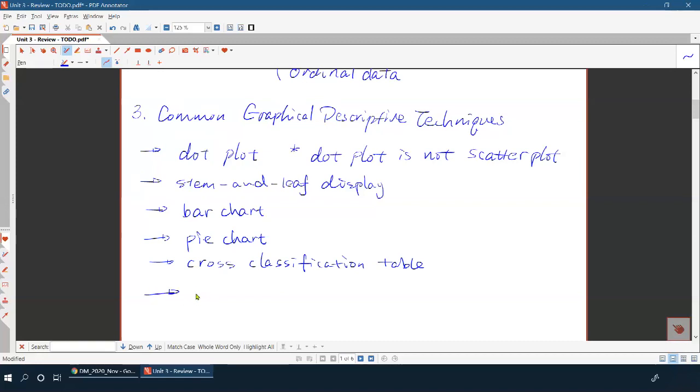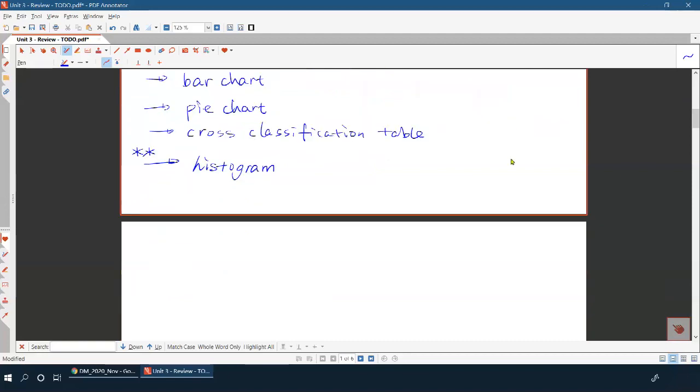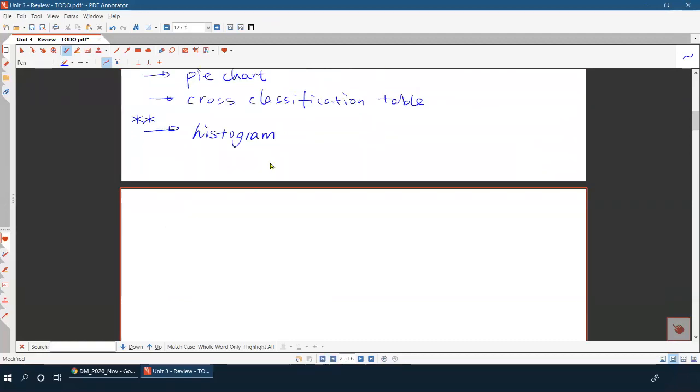Next is the most important chart to describe one quantitative variable, which is histogram. Okay, this is very important. Okay, to draw histogram, main steps are: first, you need to determine the number of classes.